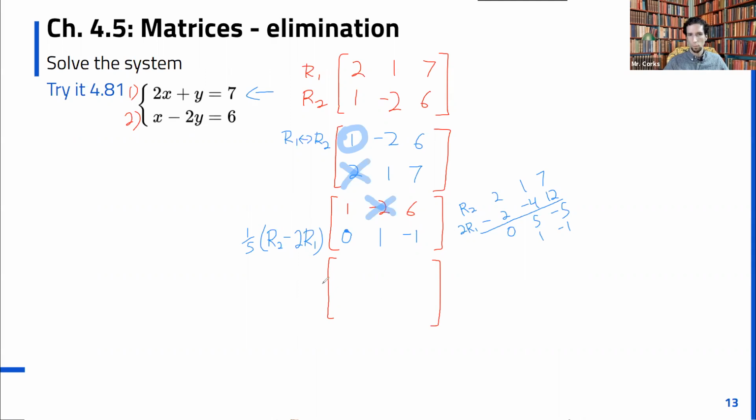Multiply row 2 by -2 and add it to row 1. Okay, so row 1 is our target, so we'll write that here. Row 1. We don't need to say multiply by -2. We can just say row 2, and multiply by +2, and then add them together.